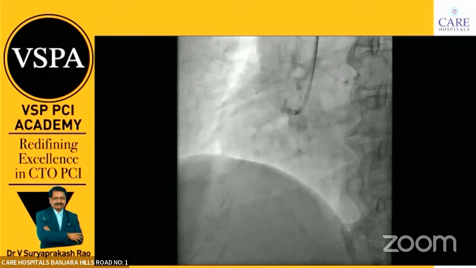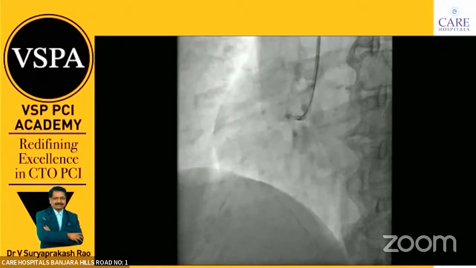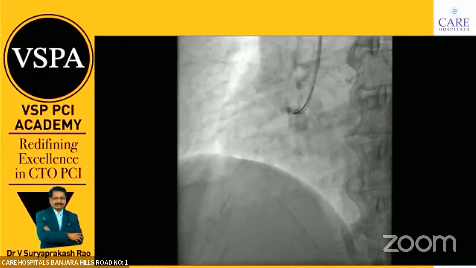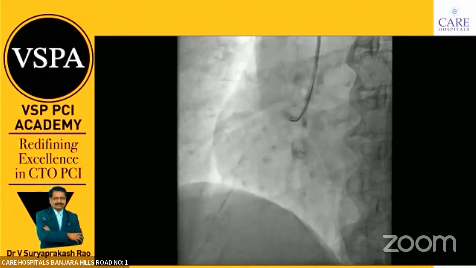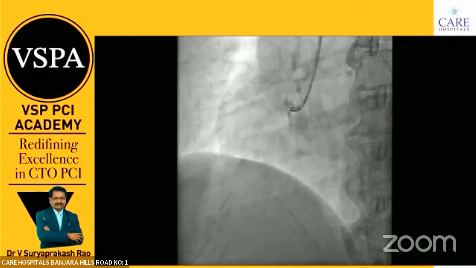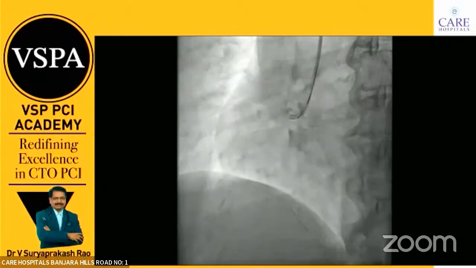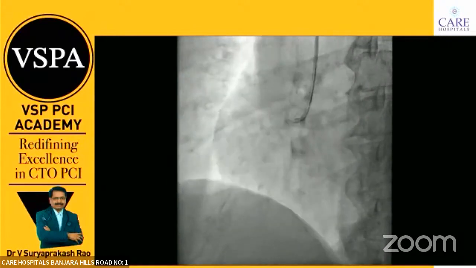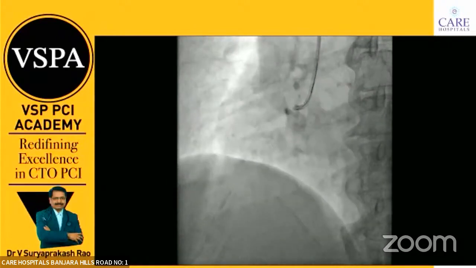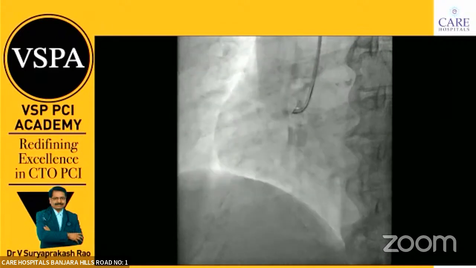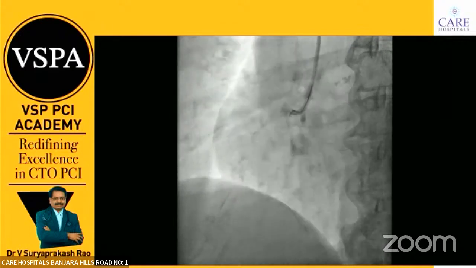I will just show you. This wire, if I remember, was an XTR. We just went down, and when we go deep in, it is hitting the wall. So we had to come back and do the angio to pass the wire.